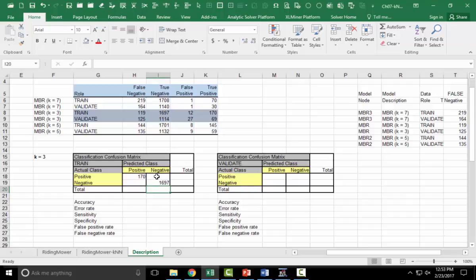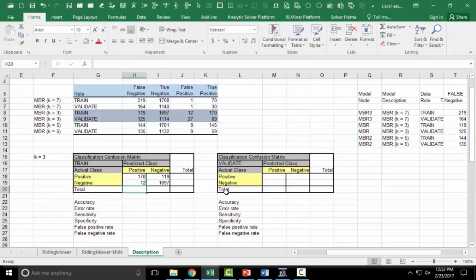Okay. Now what is this? This is actual positive. You're predicting negative, but it is actually positive. So that will be false negative, so that will be that number. This will be you're predicting positive, so it's false positive, which is that number.